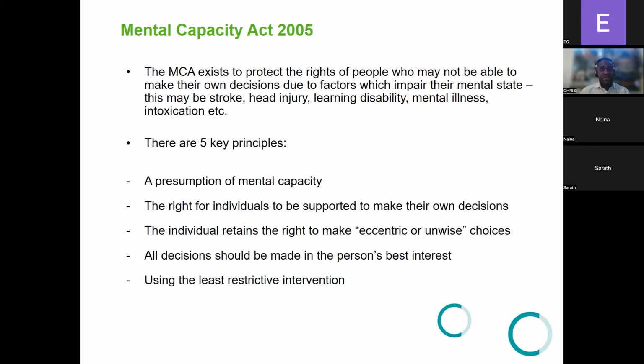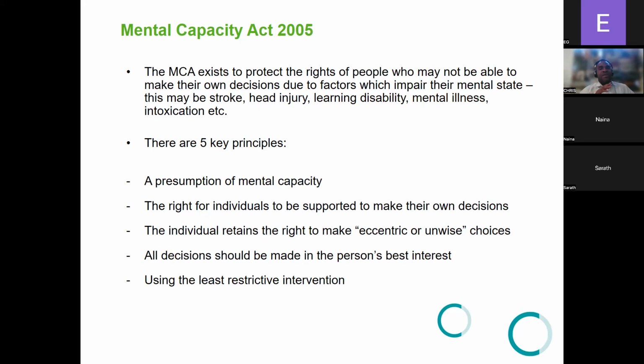That's the second principle. The third principle is that the individual has the right to make eccentric or unwise choices. Sometimes we think we know better than other people. The thing is that the way we think is different from the way other people think. We can't expect everyone to think the way we think because we are different. We are wired differently.